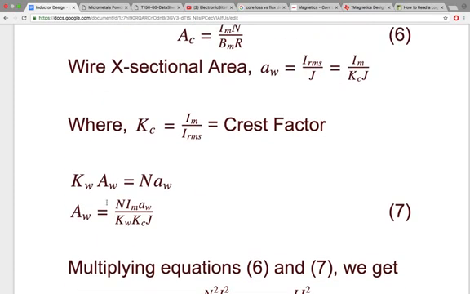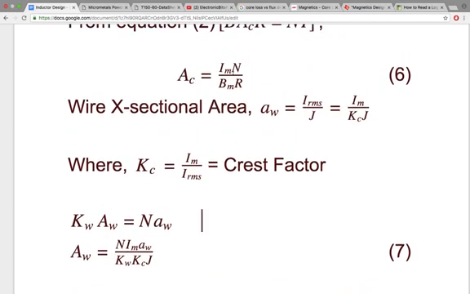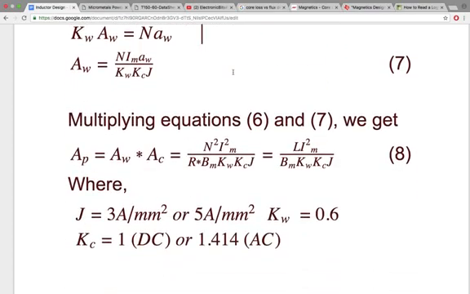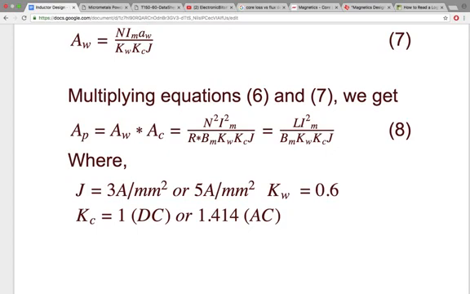Now we know the window area expression and the cross-sectional area expression. If we multiply them, we get the area product. We can further simplify by replacing n squared by L over R. This is our final expression for area product, where we will know all the parameters beforehand to select the core.